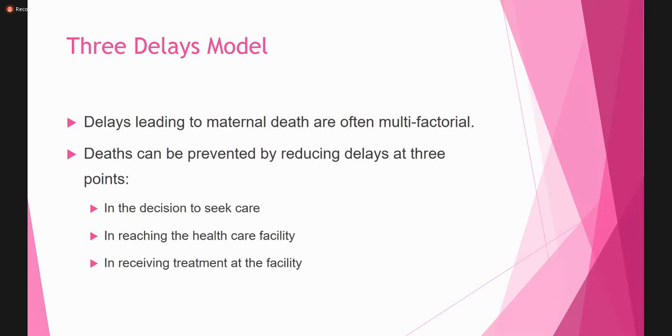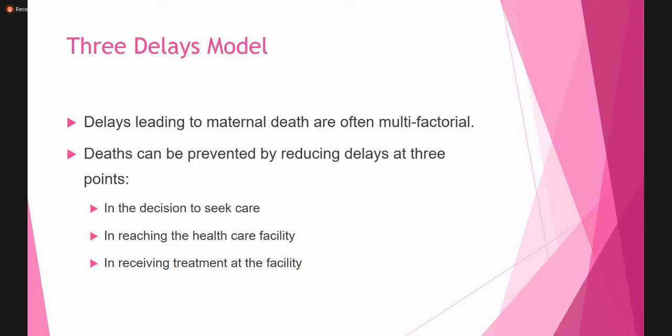The 3 delays model, we discussed this. This is very important because if there is any one delay, it may lead to the death of the mother. Delays leading to maternal death are often multifactorial. So there's not just one reason that may lead to the mother's death, but there are multiple factors.